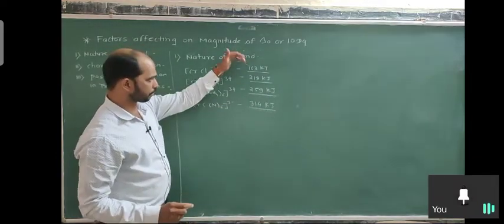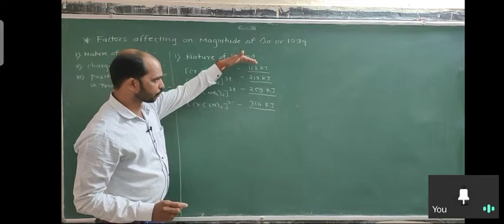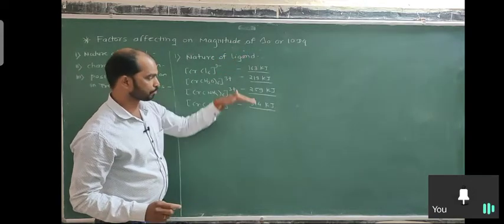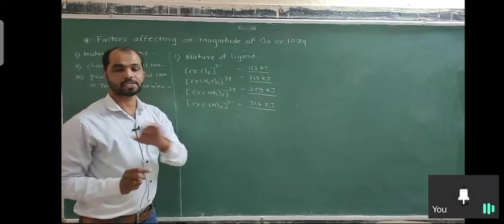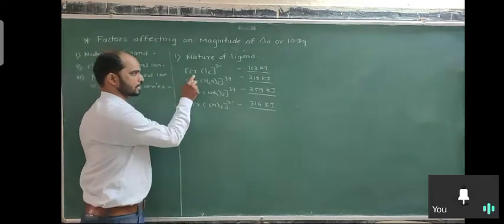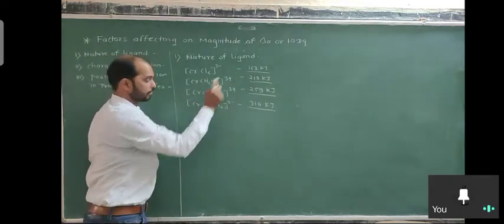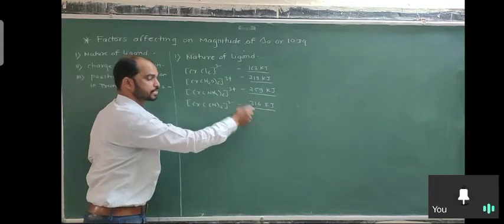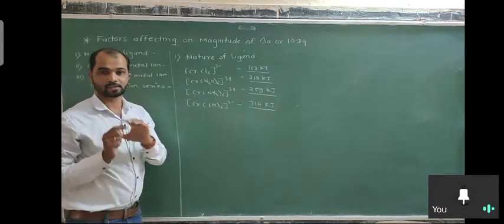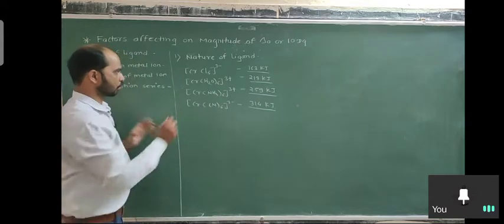If we observe, the 10 Dq value increases from top to bottom. So the question is, why in the first case is the 10 Dq value lower while in the last case it is higher?